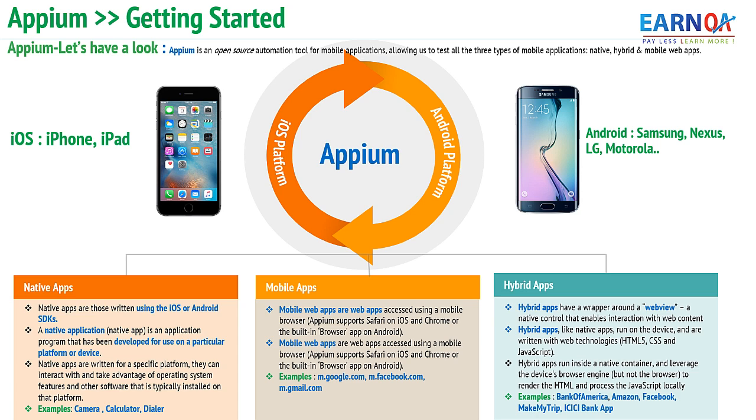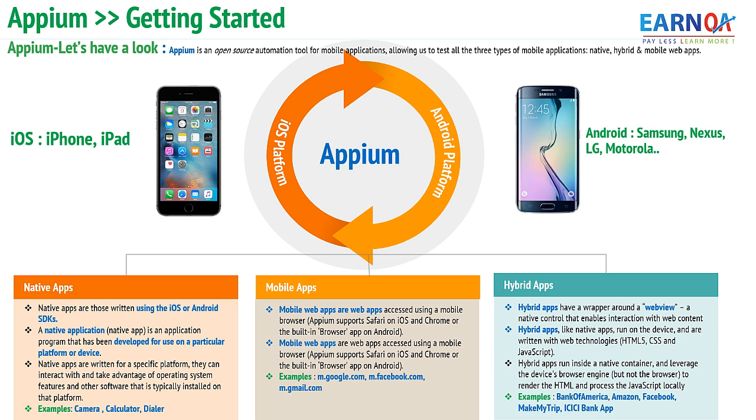Mobile web applications are those for which we need a browser to access them, like m.facebook.com, m.google.com, and m.gmail.com. And hybrid applications are those which need to be installed in the specific platform. However, they need the web, or the server, or the APIs to work. Examples: Bank of America, Amazon, Facebook, and ICICIbank.com.